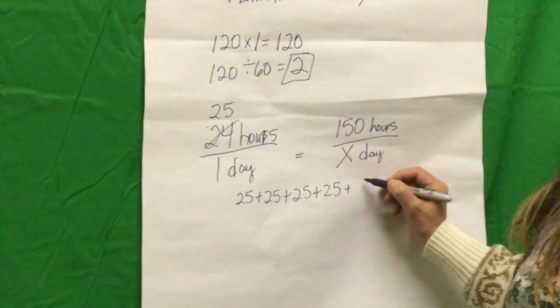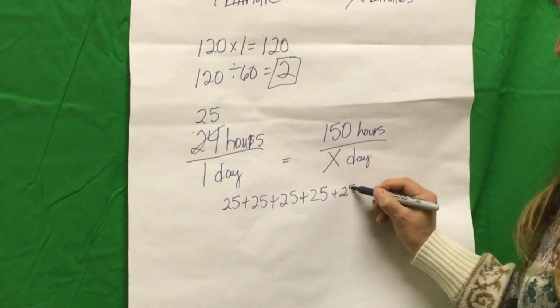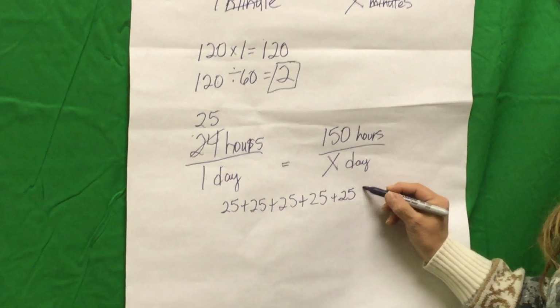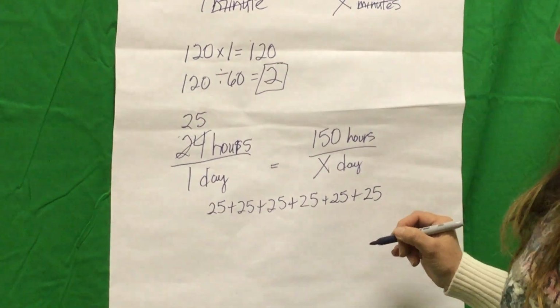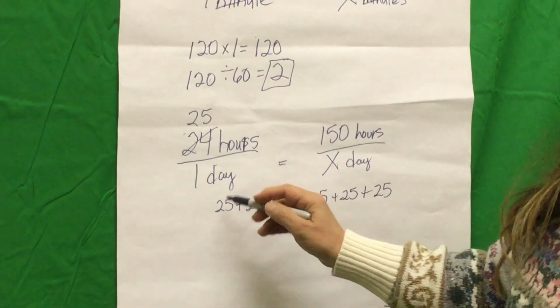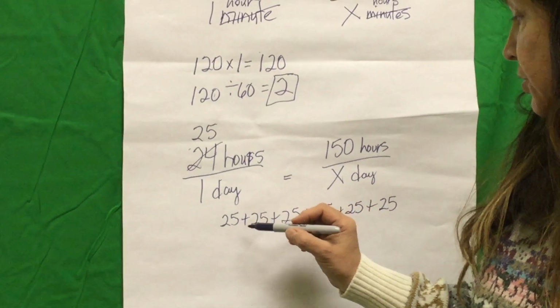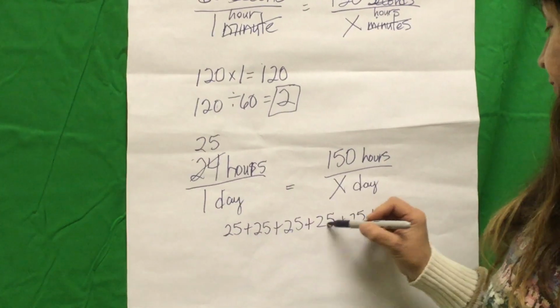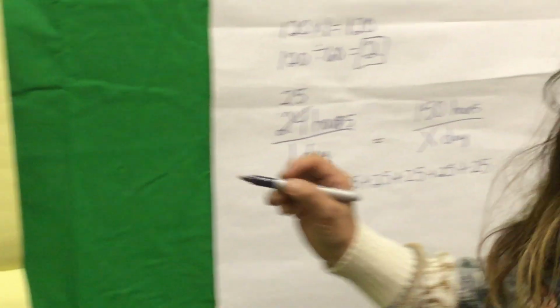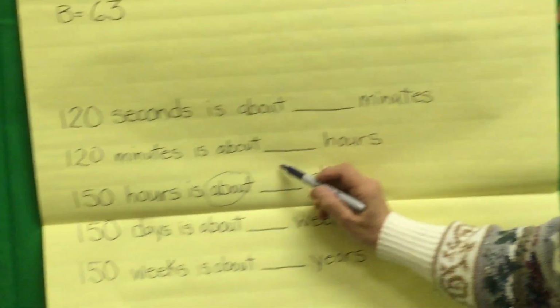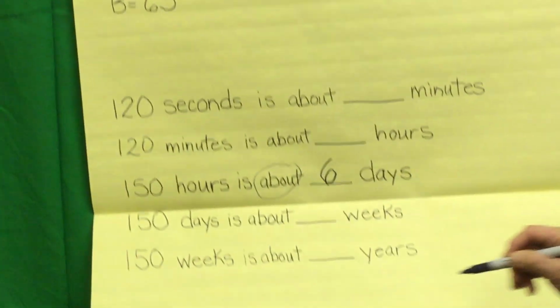So we're at 100 and 25, 150, if you think of these as quarters. So you got 1, 2, 3, 4, 5, 6. So 150 hours is about 6 days.